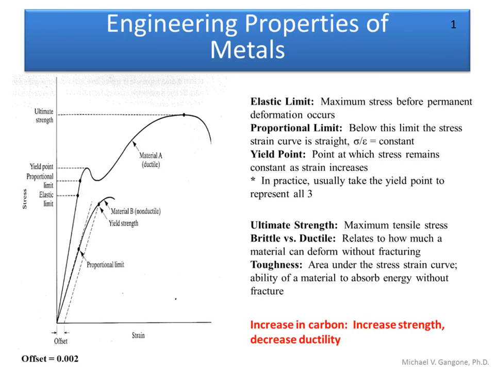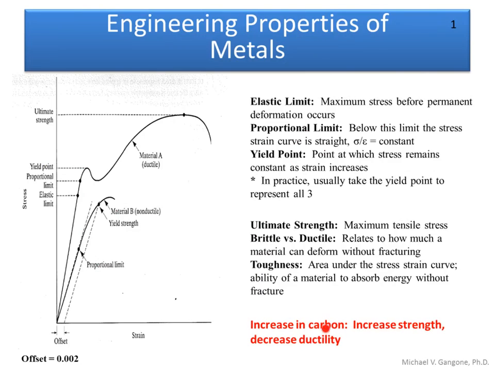Another thing I want to point out is the effect that carbon has on metal. This is probably one of the biggest things to take away from any topic on metals and their properties: the effect that carbon has on it. So the higher the amount of carbon, typically the higher the strength the metal is going to have. All right, so if you have a higher carbon content, you're going to have greater strength.